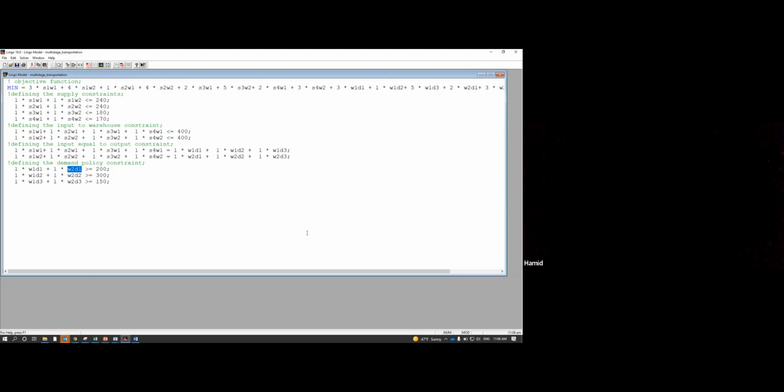You have a minimization problem, so it should be exactly 200 if you want to minimize. Sometimes it doesn't happen because you also have some distribution, and you should send something to the warehouses. So ideally, at least it should fulfill the demand. For the second demand point, it can come from the first or second warehouse, and the same for the third demand city, greater or equal to 150. Questions?